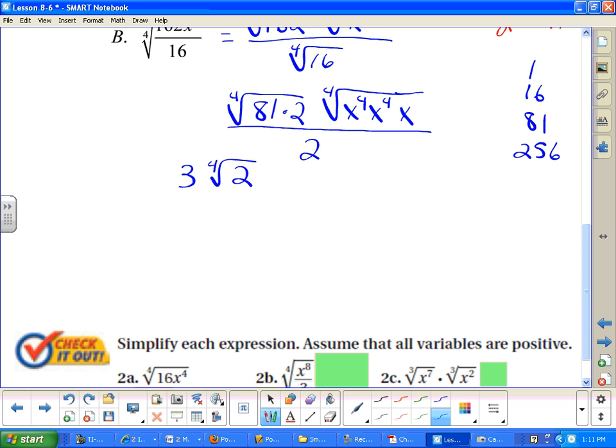Over here with the x's, the 4th root of x to the 4th is x. And the other 4th root of x to the 4th is still x. So we have x squared, and we still have the 4th root of x here, and we have our denominator of 2.